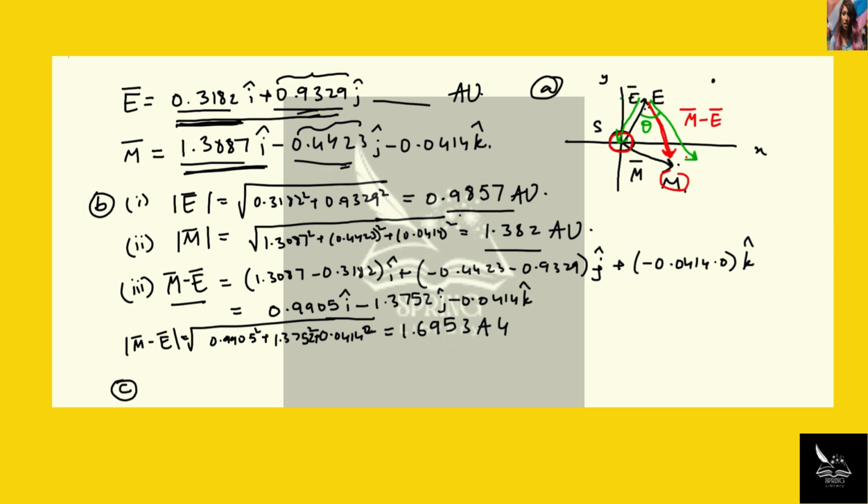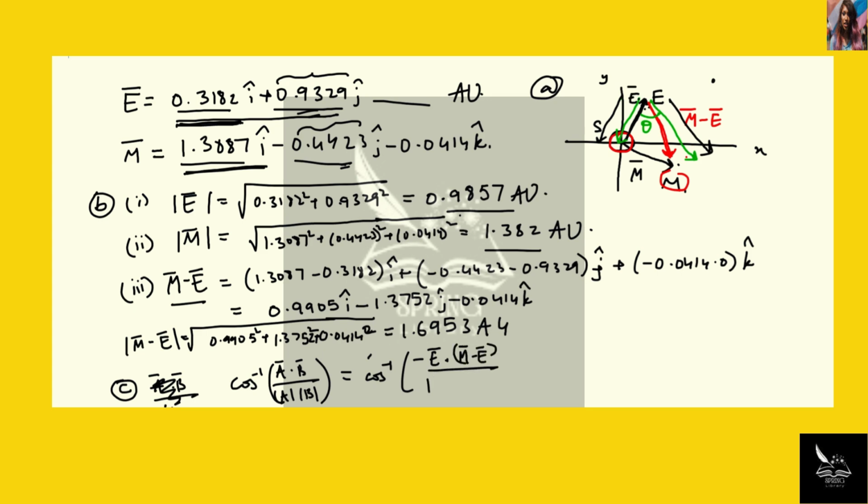We know that the angle between vectors A and B is cos inverse of A dot B by mod A mod B. Now we know that this vector is simply minus E, because E is like this and minus E is in the opposite direction. Hence, our A is minus E, dot our vector B, which is M minus E, by mod E mod M minus E.